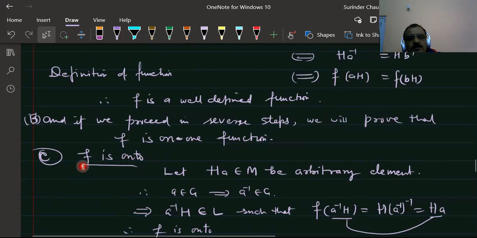Now the C part is F is onto. Let aH belong to M be an arbitrary element.